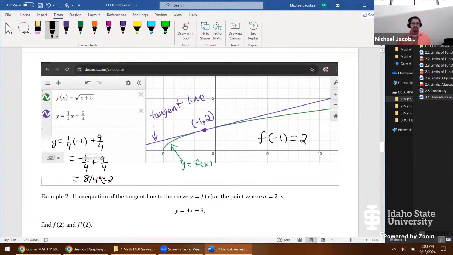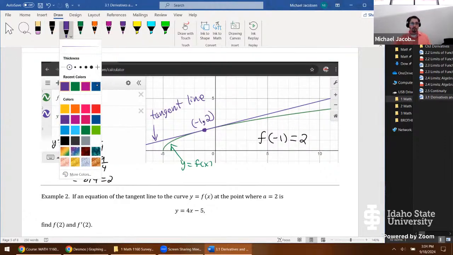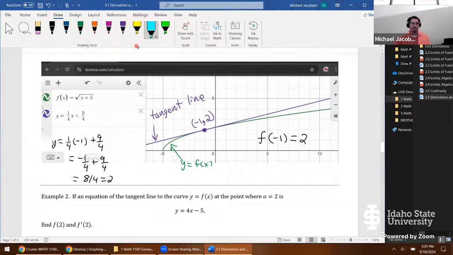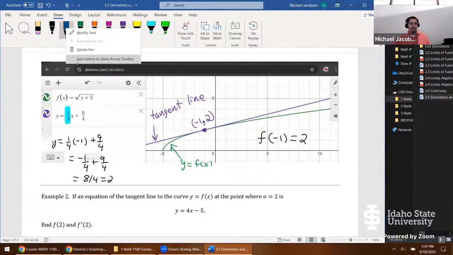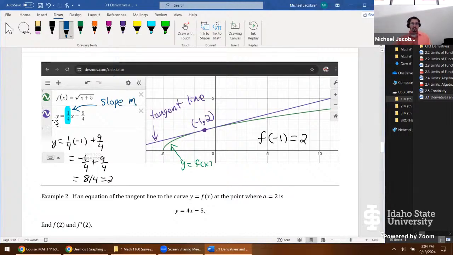And lastly, this tangent line has, let's use blue for this, I think we've been doing that all along. It has a slope of 1/4. Because this line is in slope intercept form, 9/4 is the intercept. That means this right here is the slope, m. But m is extremely special if you're talking about derivatives.